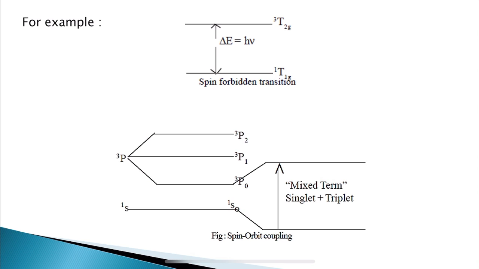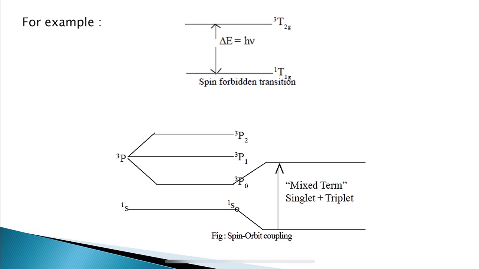But the spin orbit coupling will split the excited 3P state into 3P0, 3P1 and 3P2 states. So this excited 3P will have three different states, 3P0, 3P1 and 3P2.